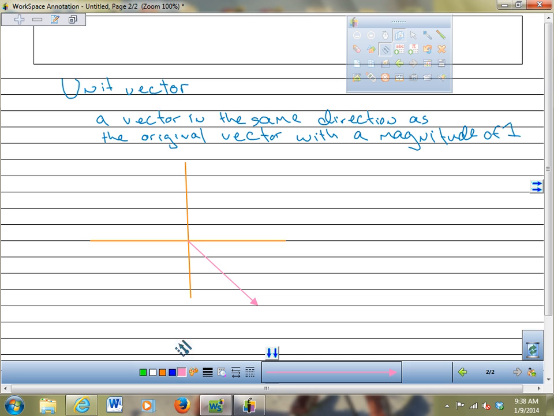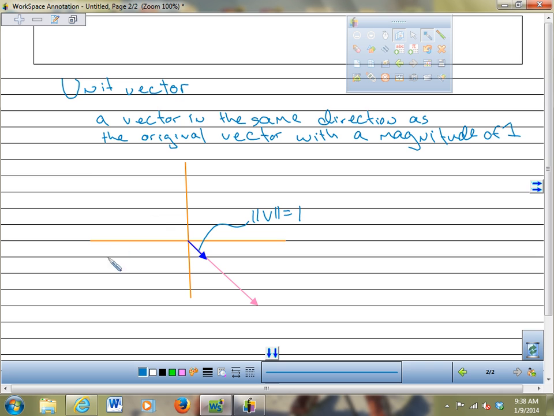A unit vector is another vector that would lie right on top of that vector, except its length, its magnitude, the magnitude of, we'll call this vector v, would be equal to 1.